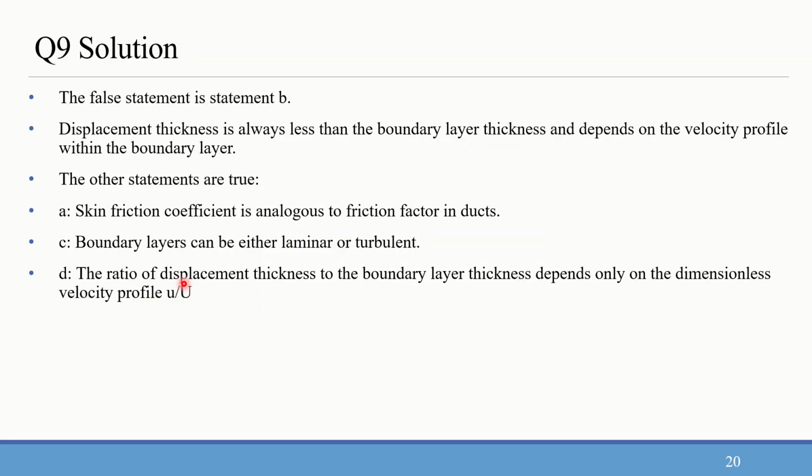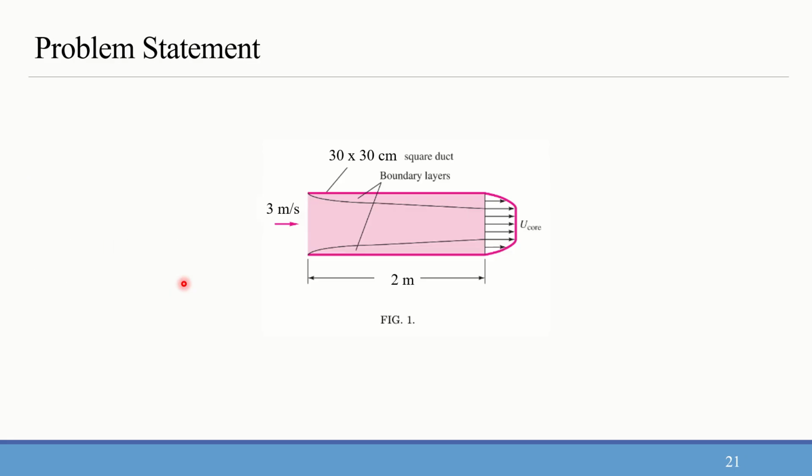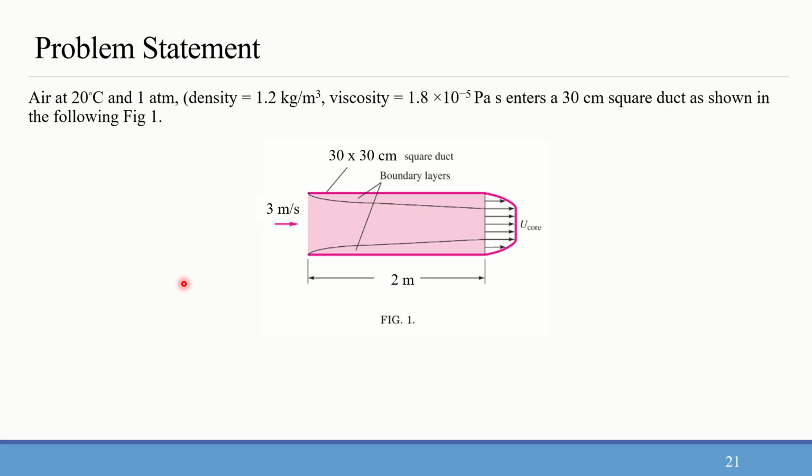Yeah, that is for question 9. Now we'll go to question 10. We have a flow through a square duct with a flow velocity of 3 meters per second and a length of 2 meters, and the duct is a 30 centimeter by 30 centimeter square duct.